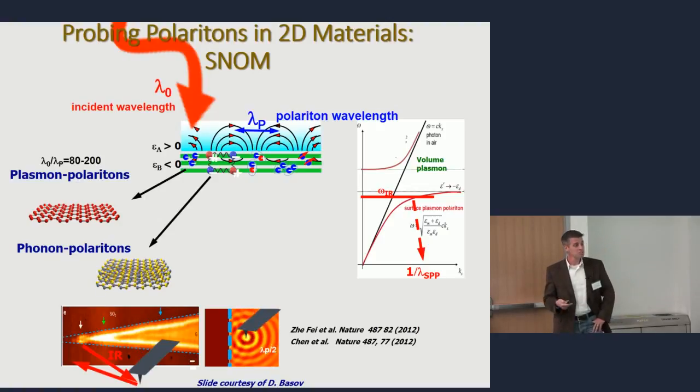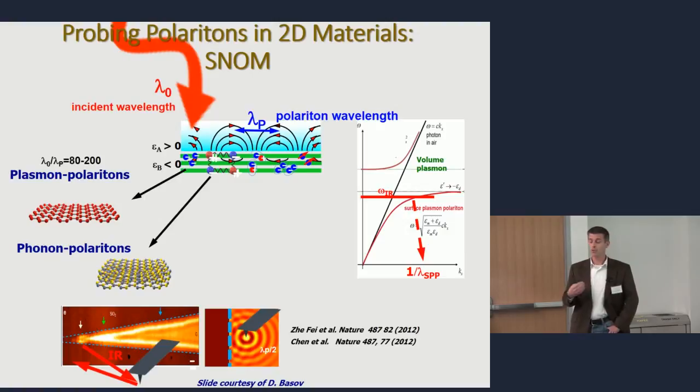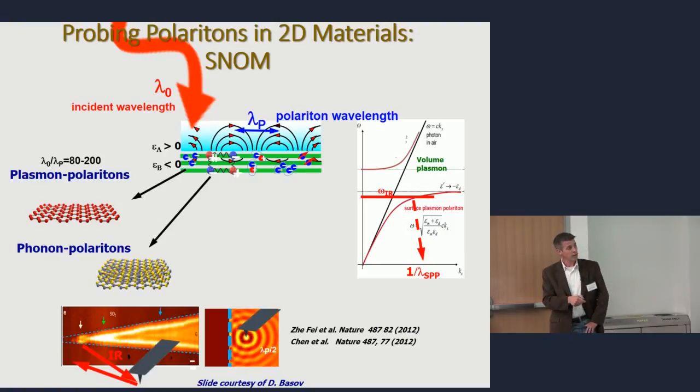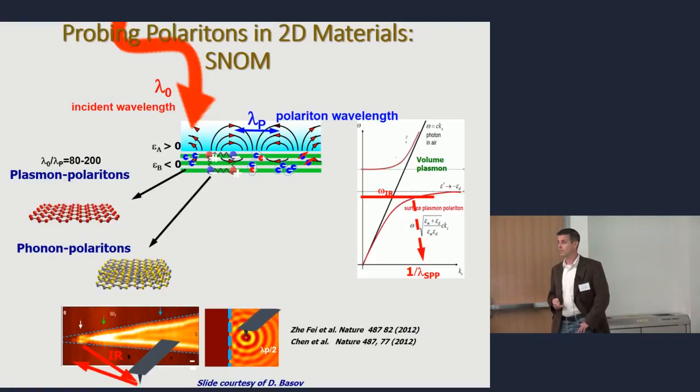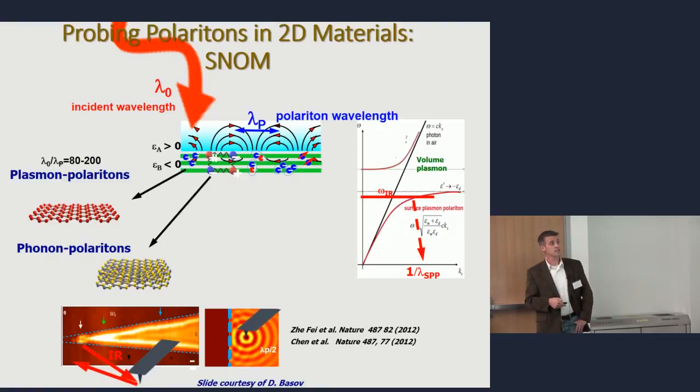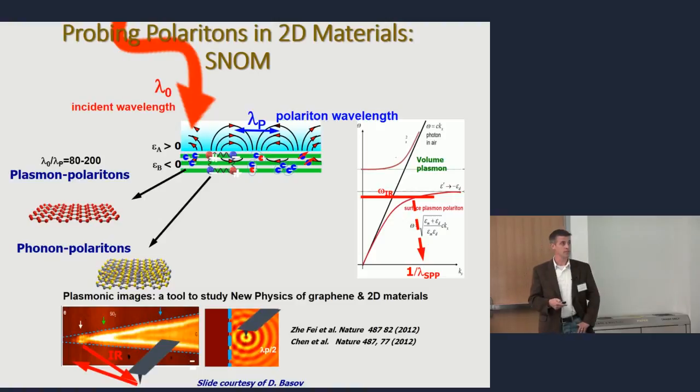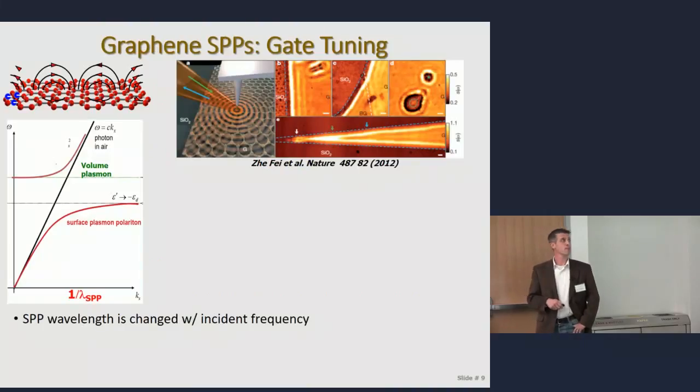Now, this is really interesting and exciting because, if you really think this through, I have a 1 atom thick layer that's strongly interacting with 6 to 10 micron wavelengths of light, right? So not only are you confined to these small dimensions, you can have strong light-matter interactions with a 1 atom thick layer, right? And I guess more importantly, you can look at these images as a way to actually explore some of the physics of these systems, right?